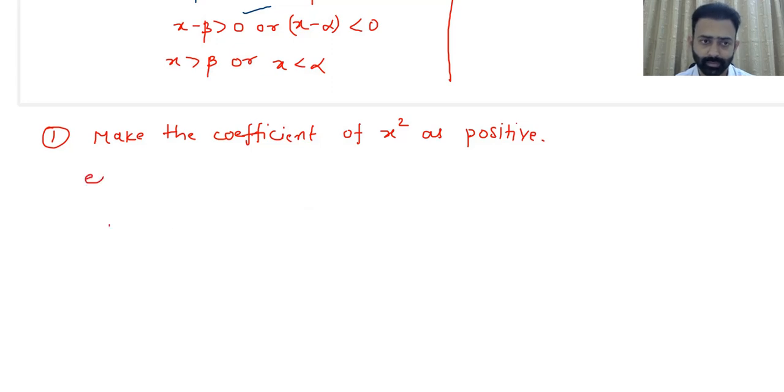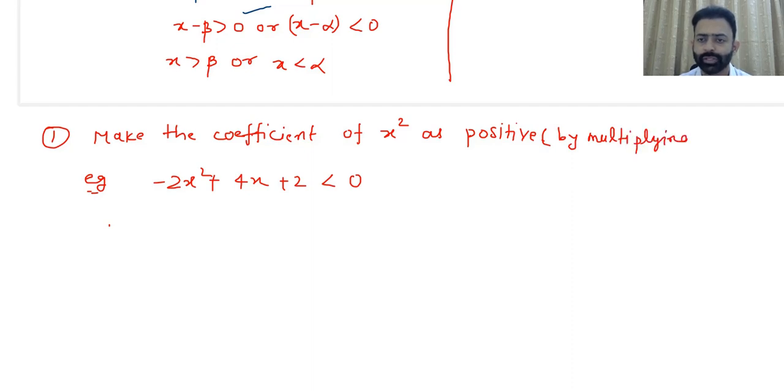For example, if it is minus 2x square, solve this: minus 2x square plus 4x plus 2 less than 0. The first step is making the coefficient of x square positive. How can we make the coefficient positive? By multiplying by minus 1 or by transferring the negative term to the positive side.